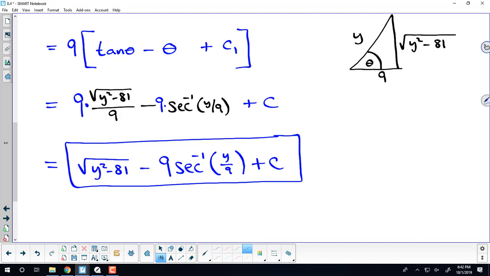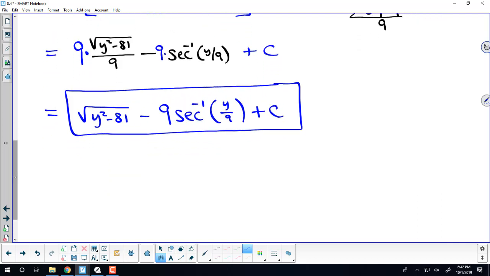I checked one the other day from 8.4, and it took a good 5 minutes to make sure that the derivative was what we started with. So although that's probably not practical to do, you do have that option, just to check. All right, so I feel all right with that example. Is that okay?